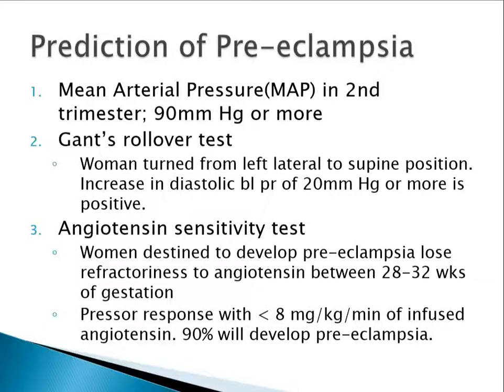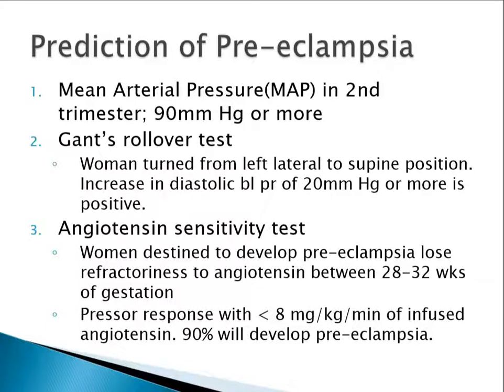Now, if a patient is tested for blood pressure in the second trimester and the mean arterial pressure is 90 millimeters or more, I've told you what is mean arterial pressure, isn't it?